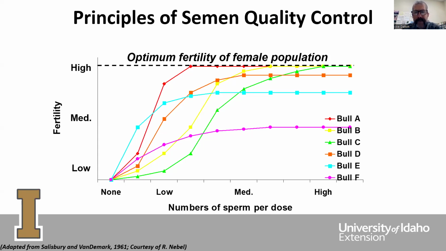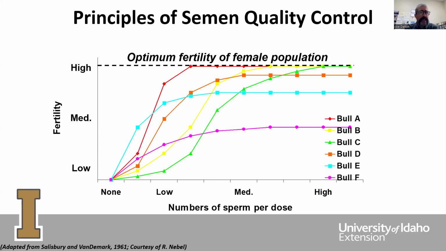We have a whole bunch of different bulls, bull A through F. And we know as we add sperm numbers per dose, these bulls will approach and some will meet the fertility level of the female population. We also know that some males will not.